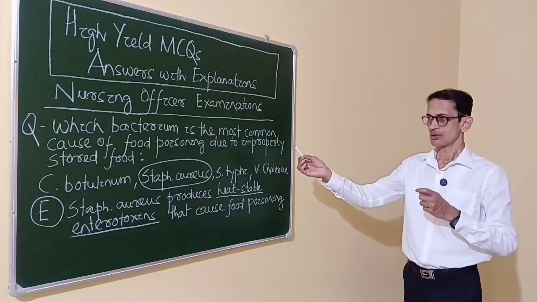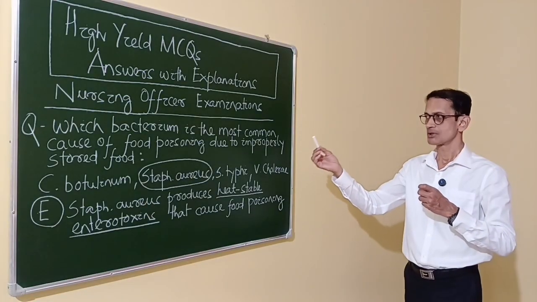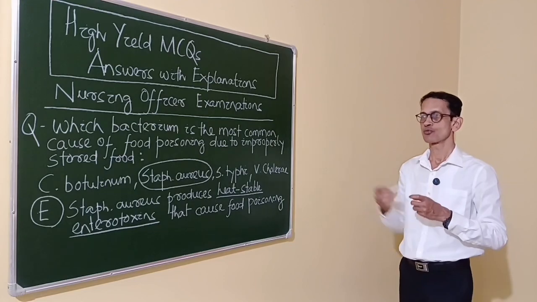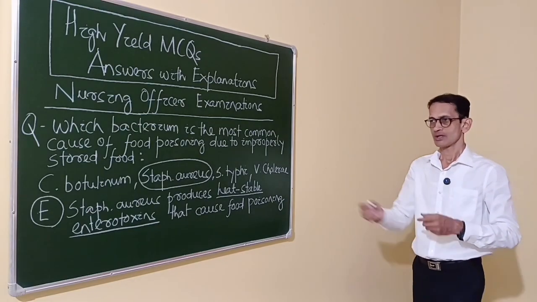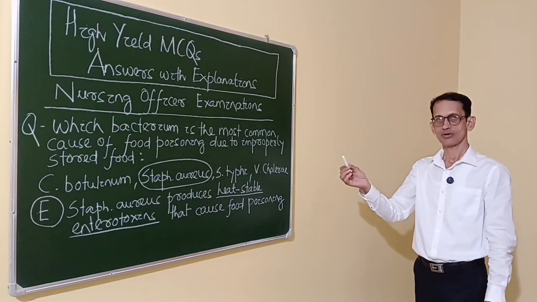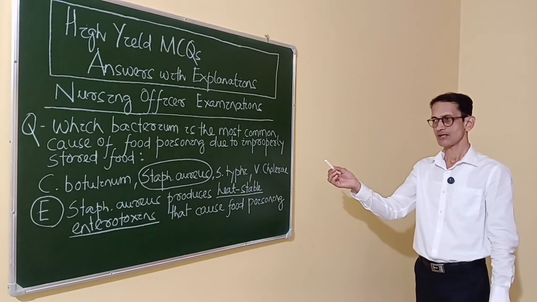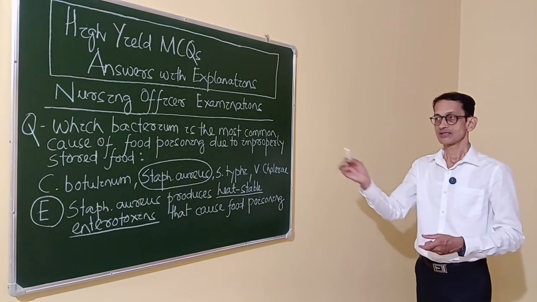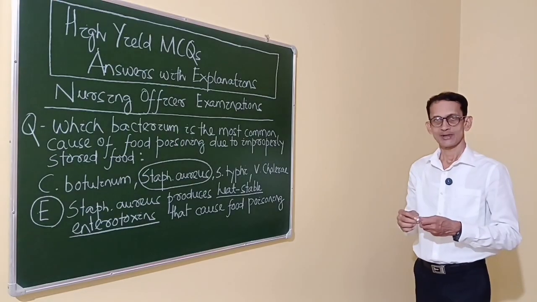The question is, which bacterium is the most common cause of food poisoning due to improperly stored food? Options: Clostridium botulinum, Staphylococcus aureus, Salmonella typhi, Vibrio cholerae. And the answer is Staphylococcus aureus.